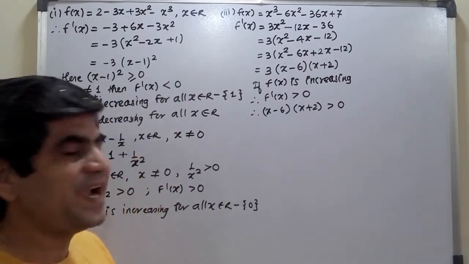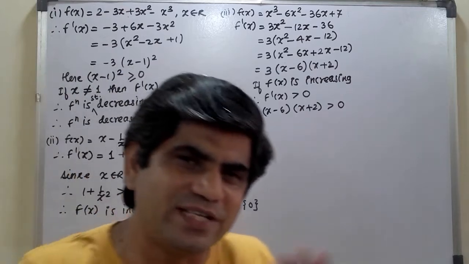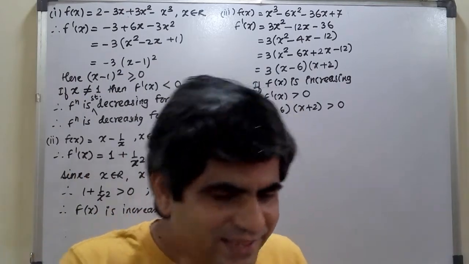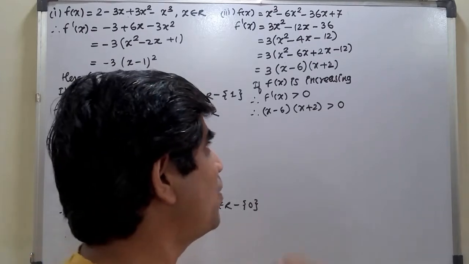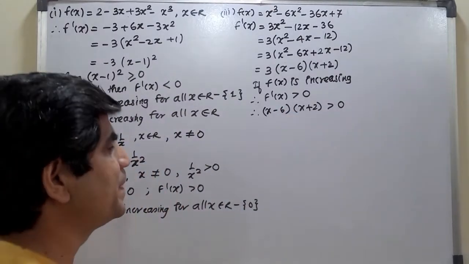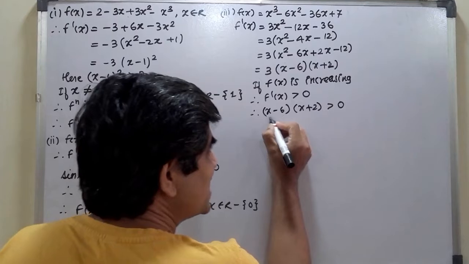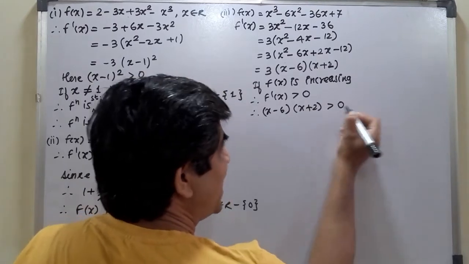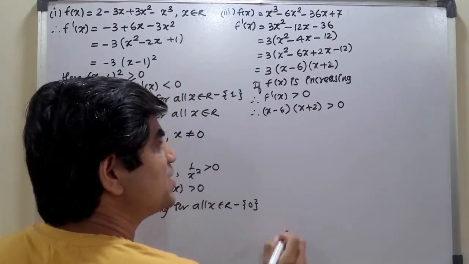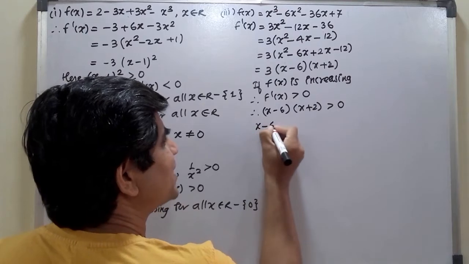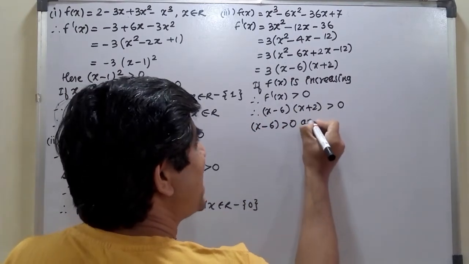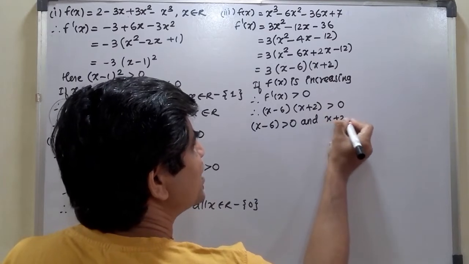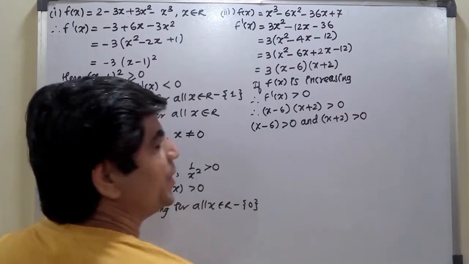Now I will go by the traditional way of thinking, which is up to your standard 12. Then I will show you something else also, not now, I will show you afterwards. Generally see, now I want this bracket into this bracket positive. Means what? Either x minus 6 must be positive, and at that same time x plus 2 must also be positive.